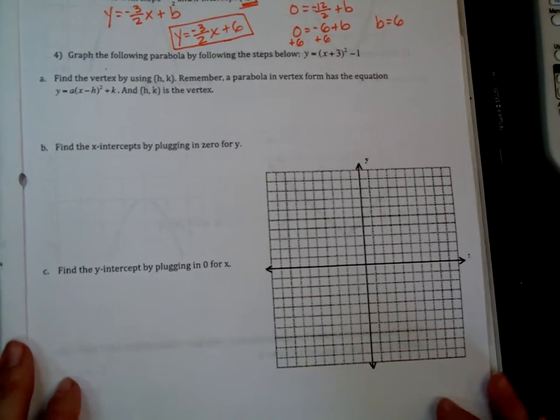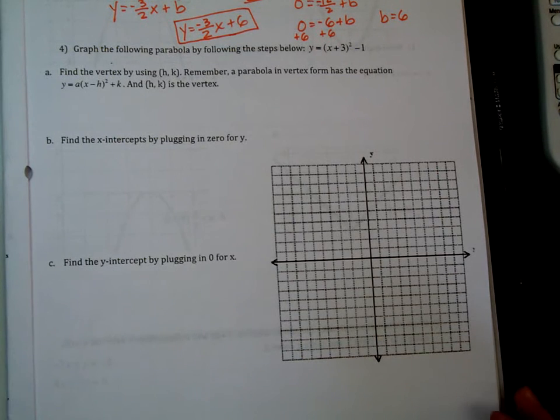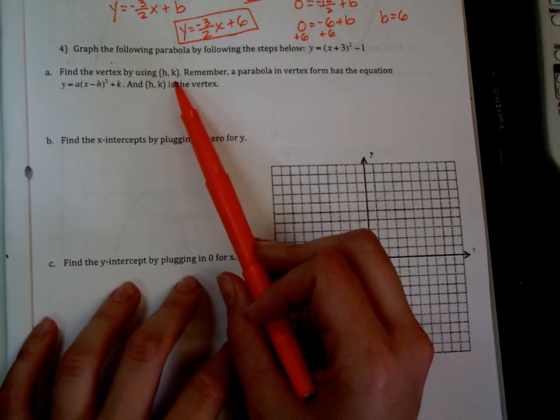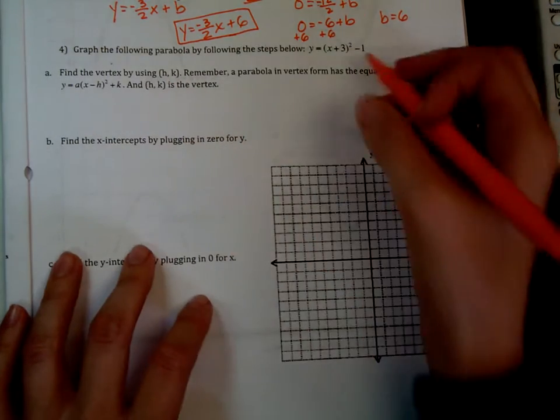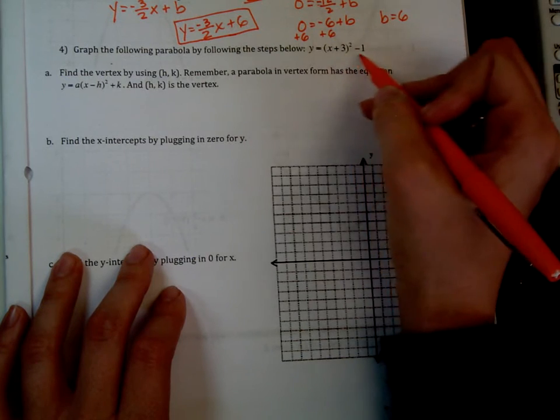Graph the following parabola by following the steps below. Okay, so the first thing we want to do is find the vertex by using h, k. So I know that my h right here is going to be negative 3.